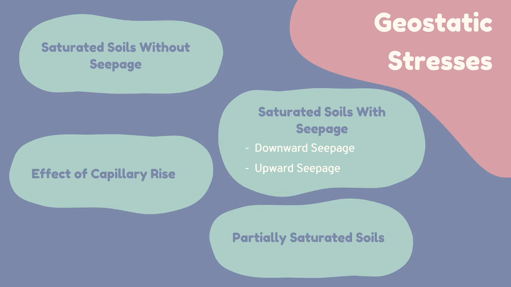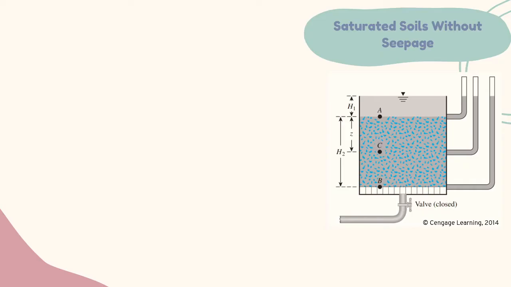And lastly, we have the partially saturated soils, in order for you to learn how to calculate the total stress, the pore water pressure, and the effective stress at different points in the soil.